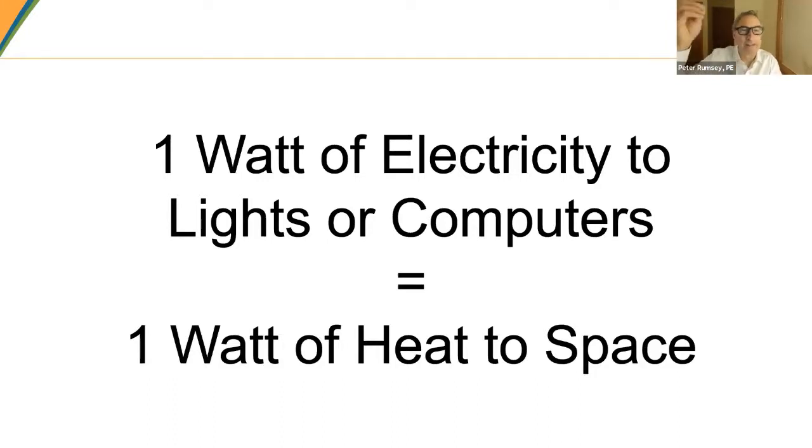For a moment, that electricity turns into light, or it does some useful work on a computer, but ultimately that turns into heat. The light hits a surface, that light turns into heat. Same thing after the computer chip does the work, it dissipates that energy through heat. So all of the electricity that we're putting into a space turns into heat, 100% of it.